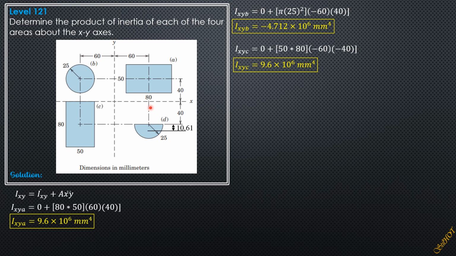So Ixy of D is equal to 0 plus area pi times 25 squared over 2 times x bar positive 60, y bar negative 50.61. So Ixy of part D is negative 2.981 times 10 to the 6 millimeters to the fourth.